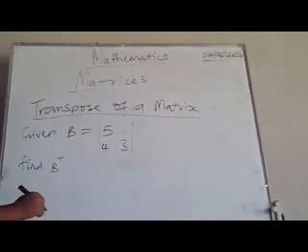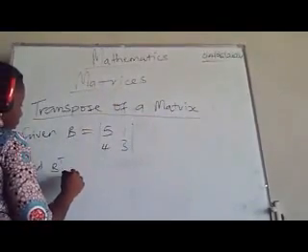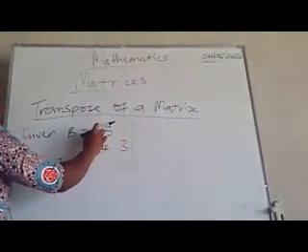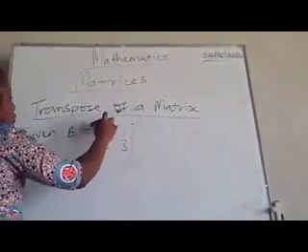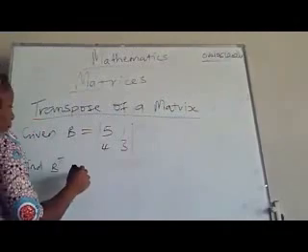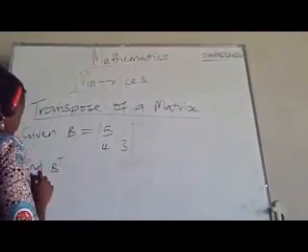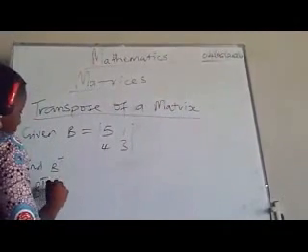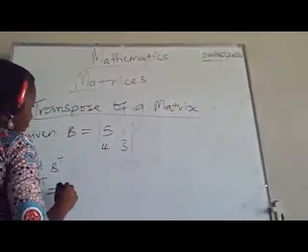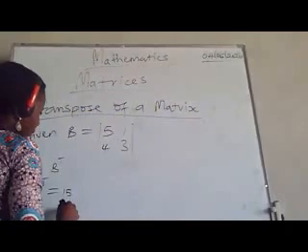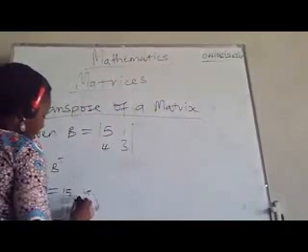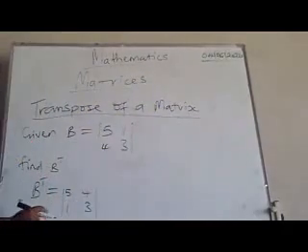It simply means you should change the rows to columns and columns to rows. So that becomes 5, 1, 4, 3. You can see it on the board.